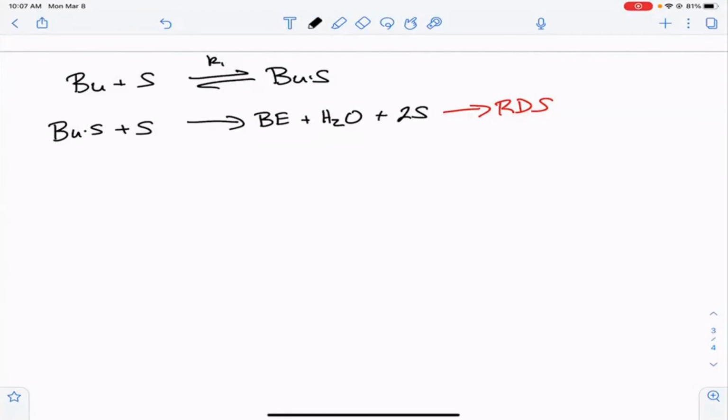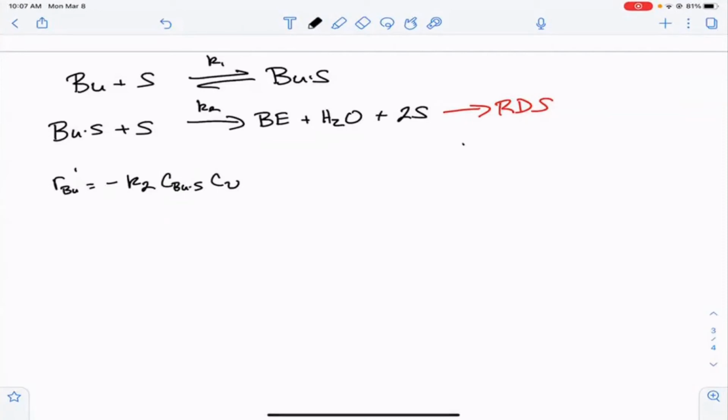So if that were the case, let's have a look at this, the rate law would be just minus K2 times the pressure, times the concentration of Bu·S on the surface times the concentration of vacant sites. So then let's figure out what CBu·S is equal to.